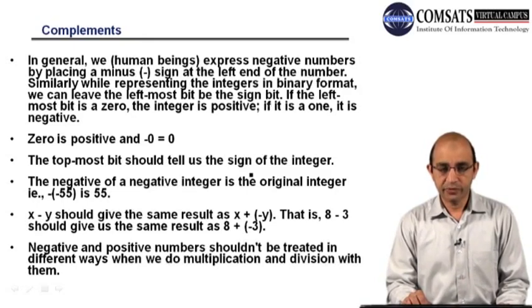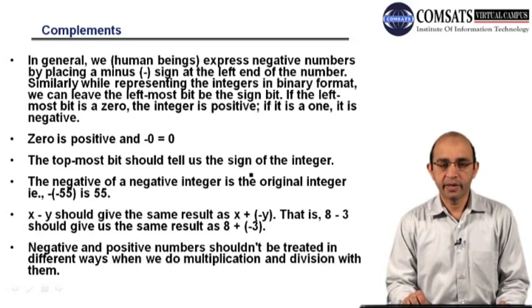For example, if we have 8 bits to represent a number, we reserve the most significant bit for the sign, and the rest of the 7 bits are used to represent the number.